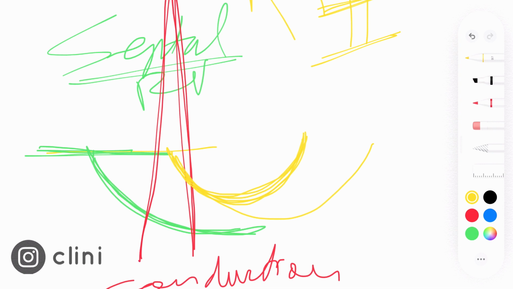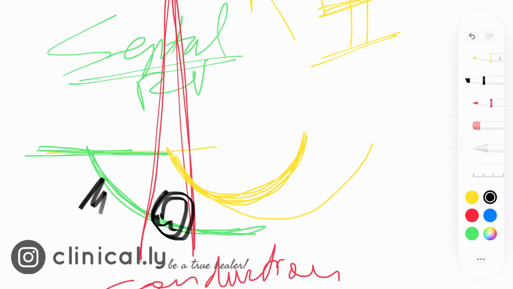So this part of this green activation is gone because this is overtaken, and here it is gone.